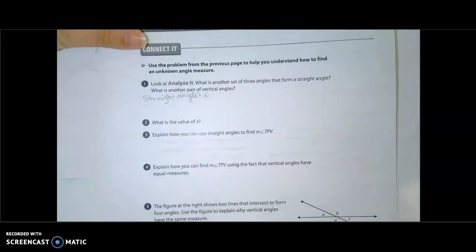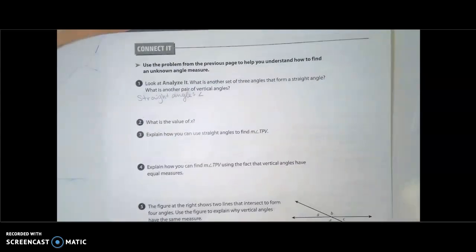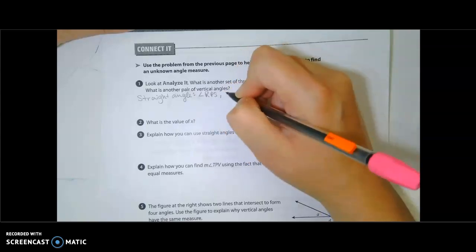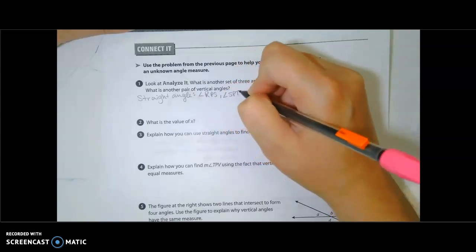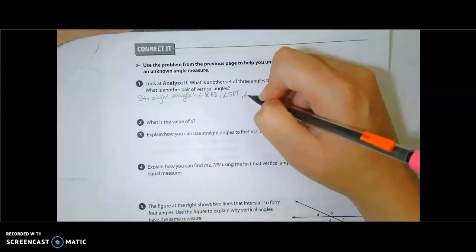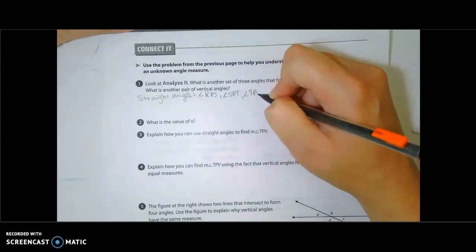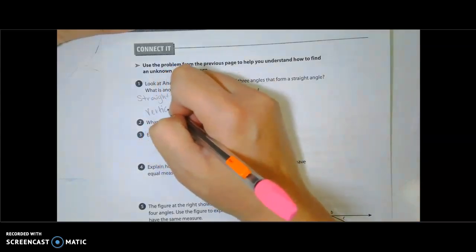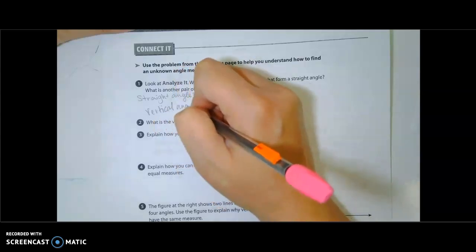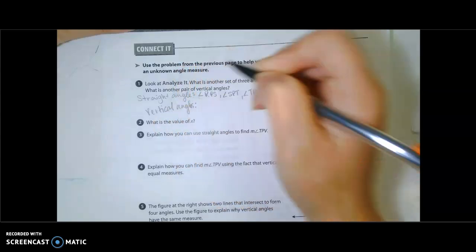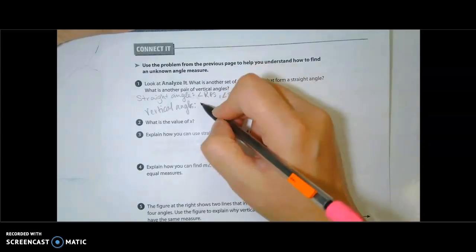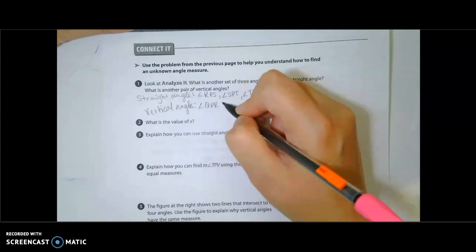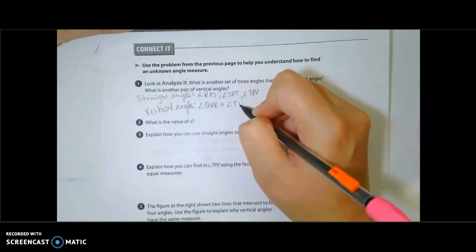And we have angle, I gotta find them again. There it is. Angle RPS, angle SPT, and angle TPV. And then vertical angles would be angle QPR and angle TPV.